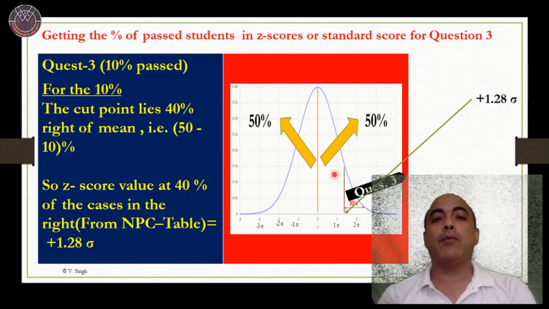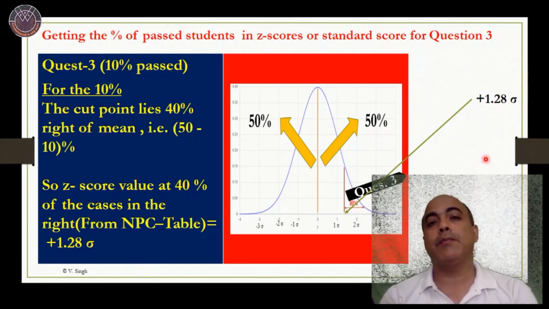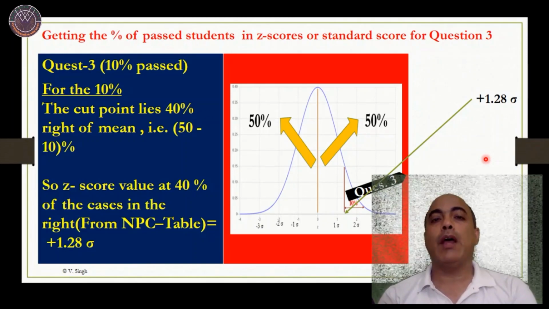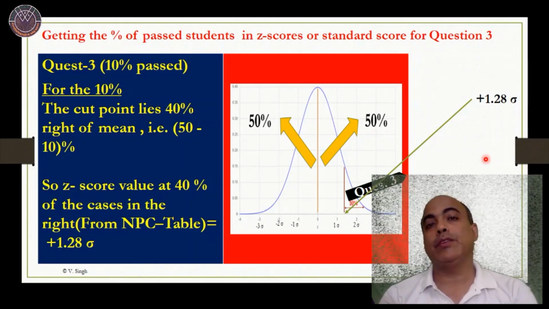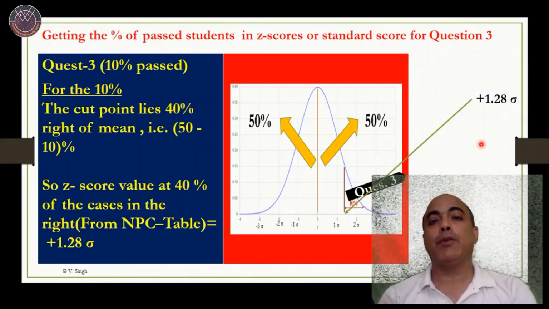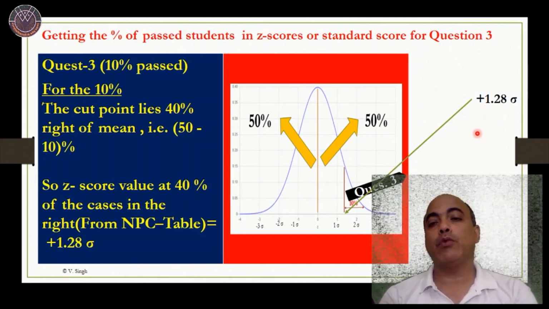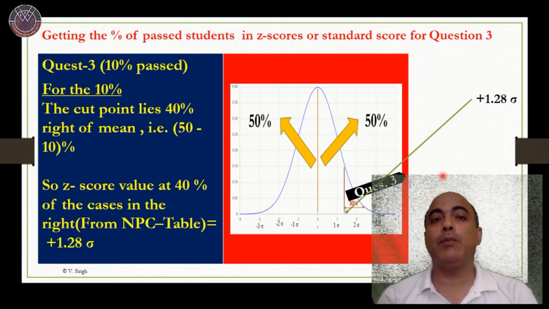So we have got 3 different sigmas, or standard score values, for the 3 questions: question number 1, question number 2, and question number 3. We will use these to find out the relative difficulty.